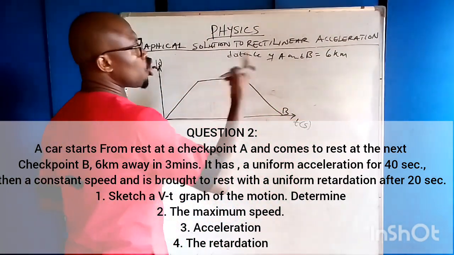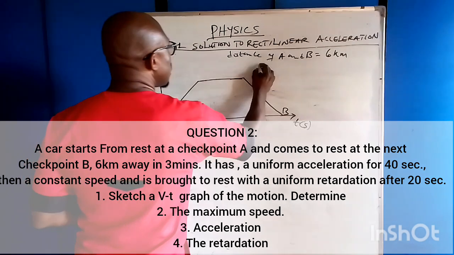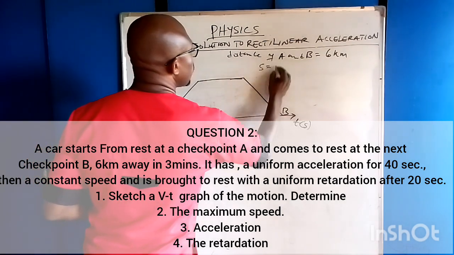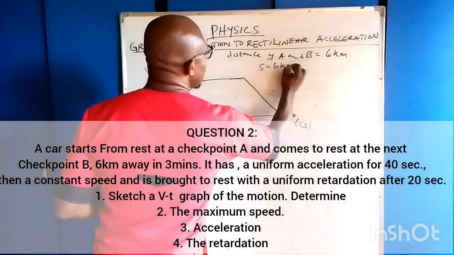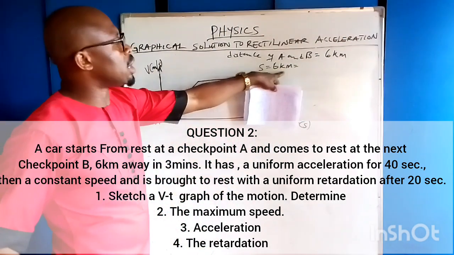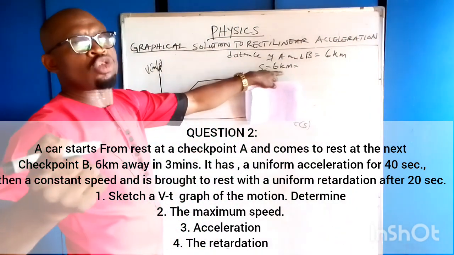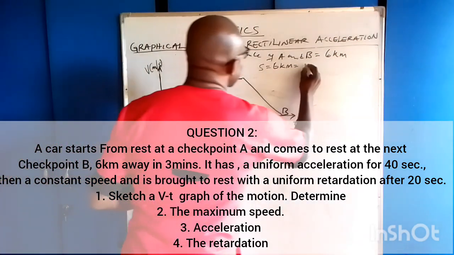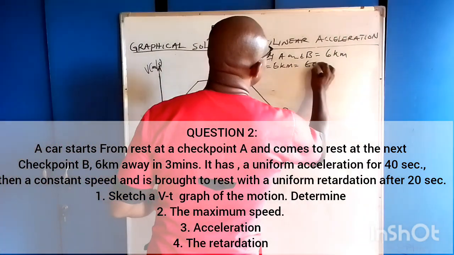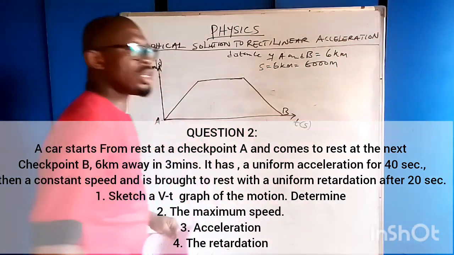And of course, we need to convert this distance. So distance S, which is 6 kilometers, if you convert it, kilo means 1,000. So once you multiply by 1,000, you'll get that our distance is 6,000 meters.